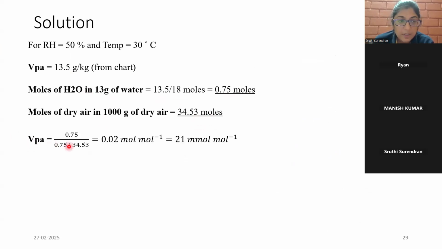So the actual vapor pressure in terms of millimoles per mole will be around 21 millimoles per mole. Ryan has got it at around 20.48, which is correct. Even Mayank also got something like that. Mayank, what did you get?